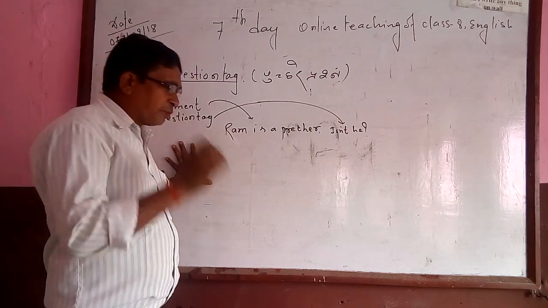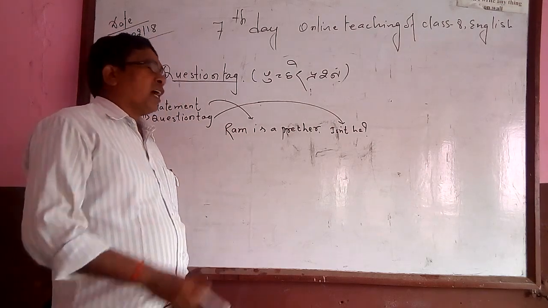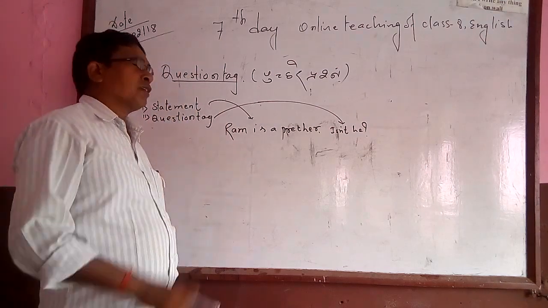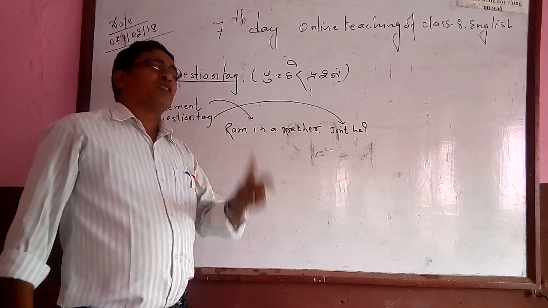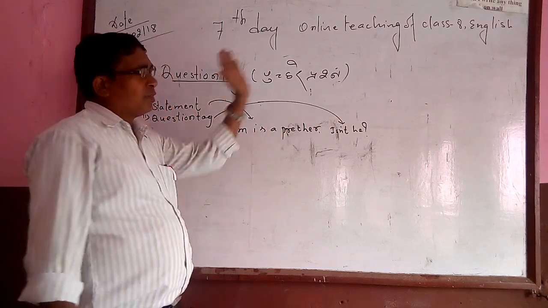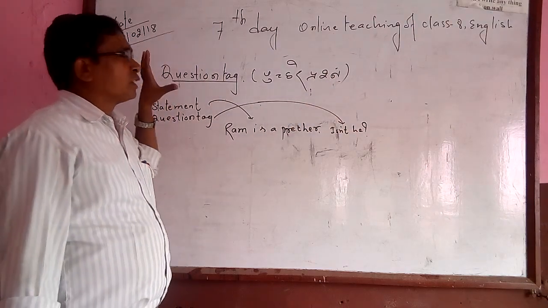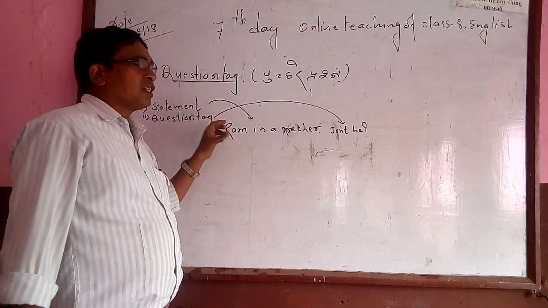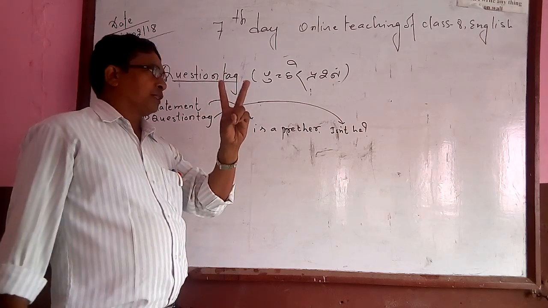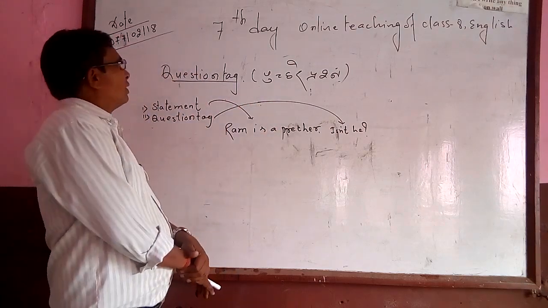Whether the statement is of one word or 10 words, short or long, the question tag is always found of 2 words only. So these are the two reasons. First, it always comes at the last part of the sentence. Second, whether the statement is short or long, the question tag is always of 2 words only. This is the reason that it is called Uchchare Prashna in Nepal.